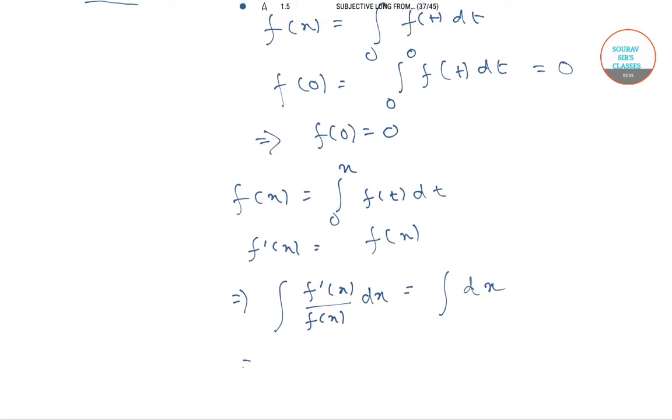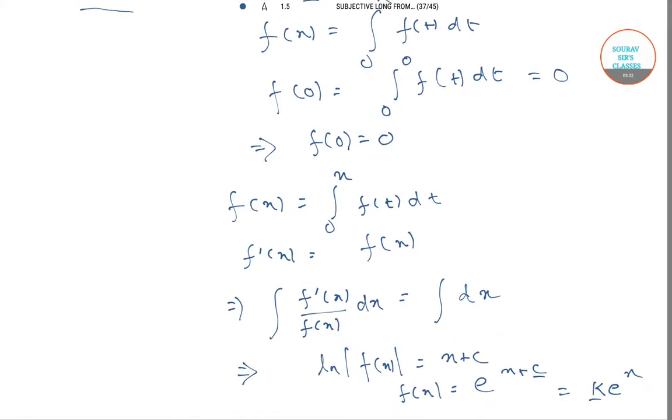This implies log mod of f(x) is equal to x plus c, or f(x) is equal to e raised to the power x plus c, or it is equal to k into e raised to the power x, where c and k are constants.